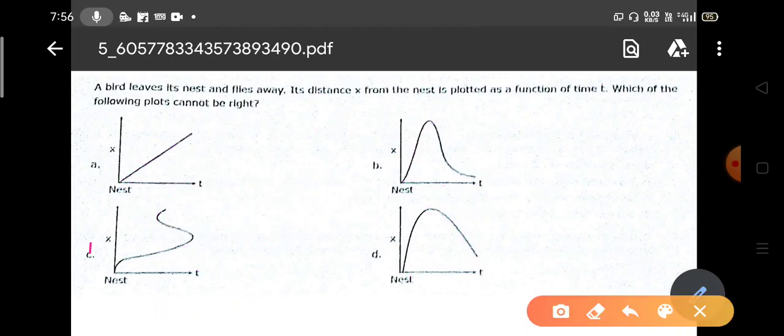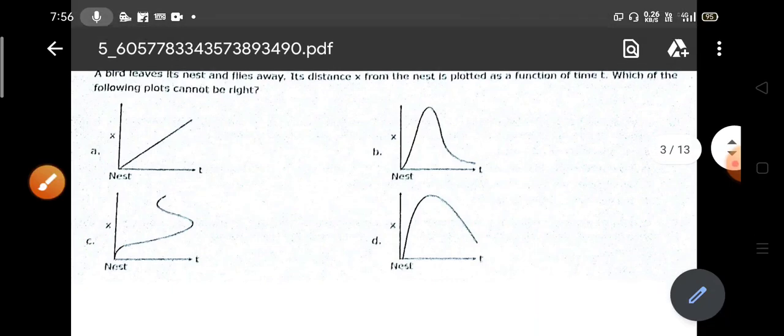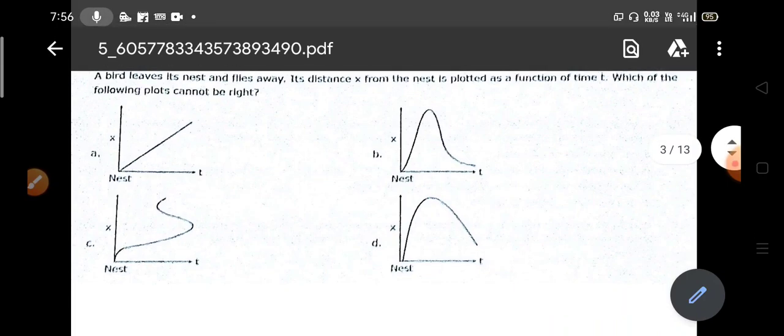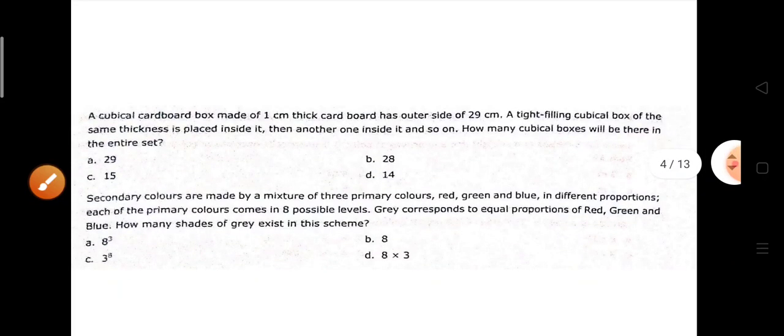This cannot be the true case. Don't think about special theory of relativity. It is not a relativity question. It's just a simple puzzle and you have to apply simple logic. So time cannot be negative. That's why this plot, the plot of distance as a function of time, is incorrect.